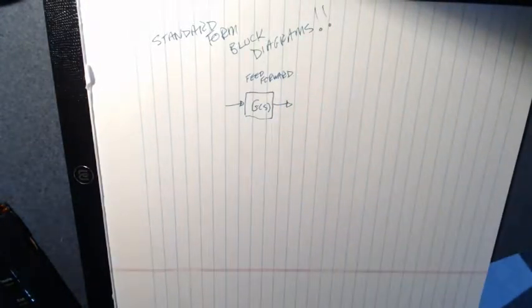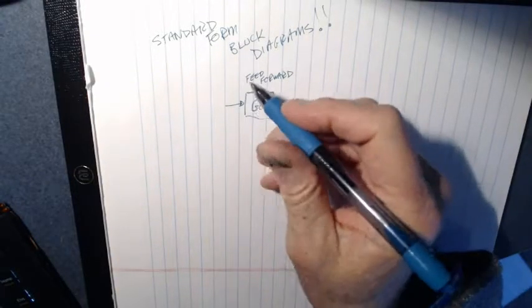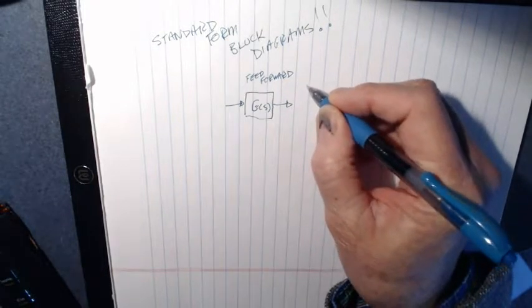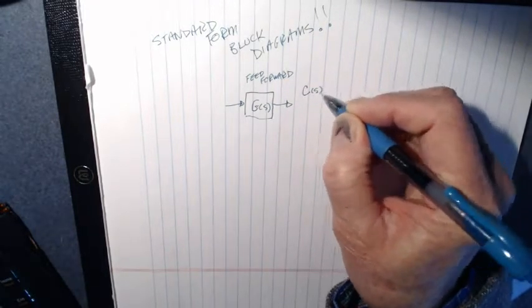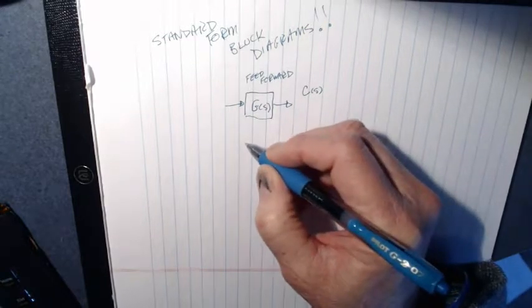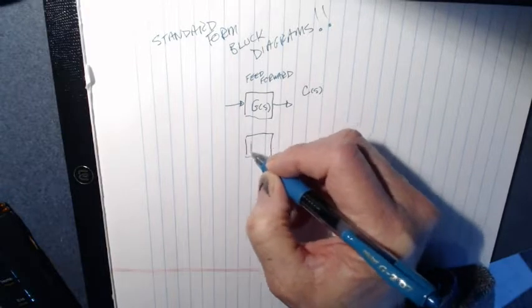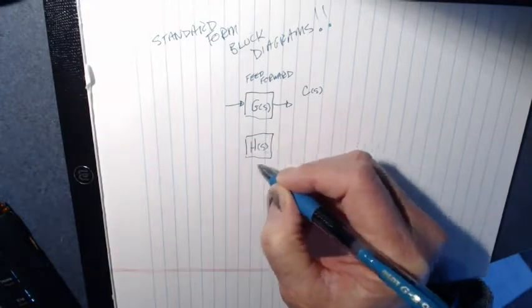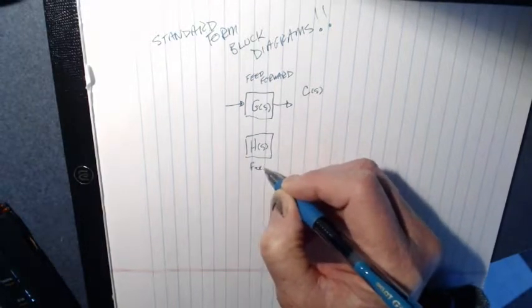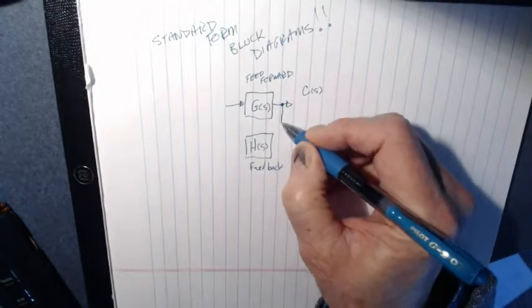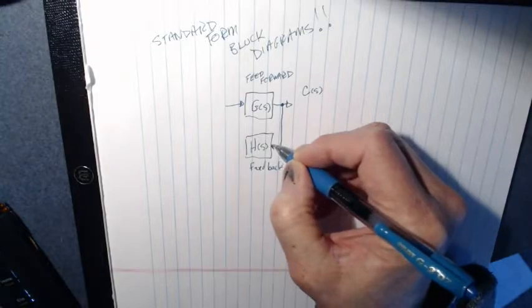Almost always the output is referenced as C of S. There always is a feedback part of it, which is called H of S. This is the feedback part. We'll put a little dot here and our little arrow going in here.